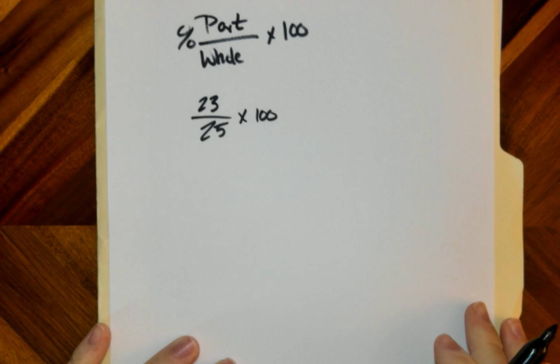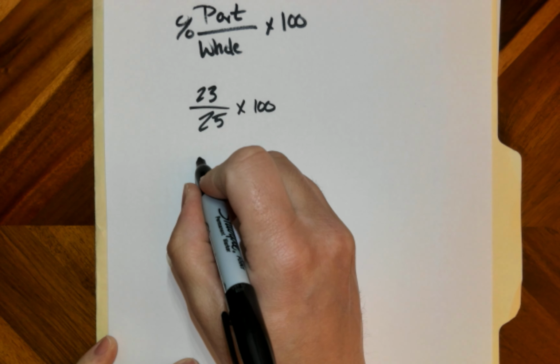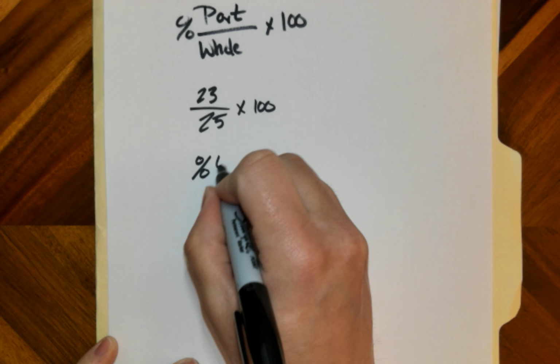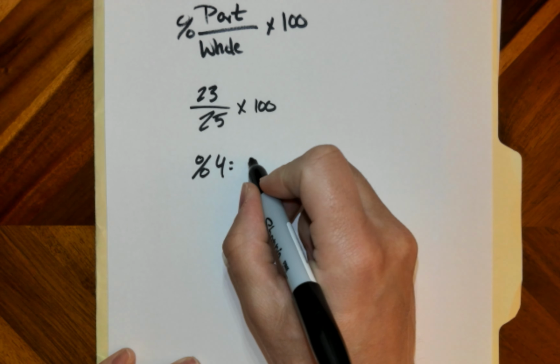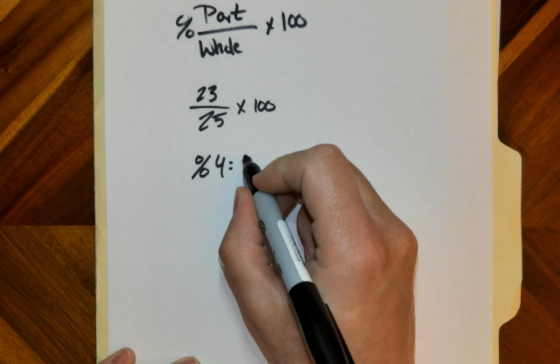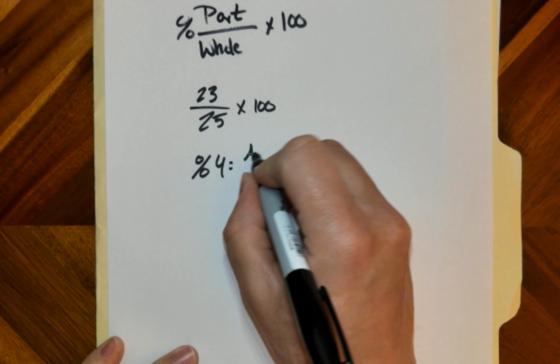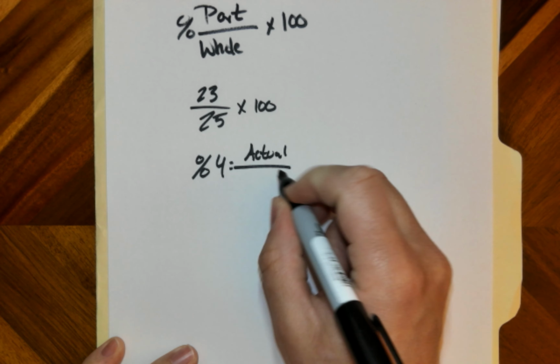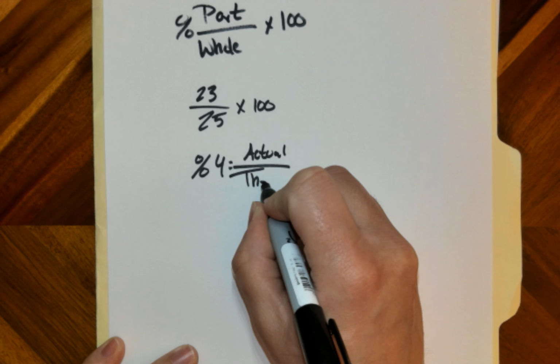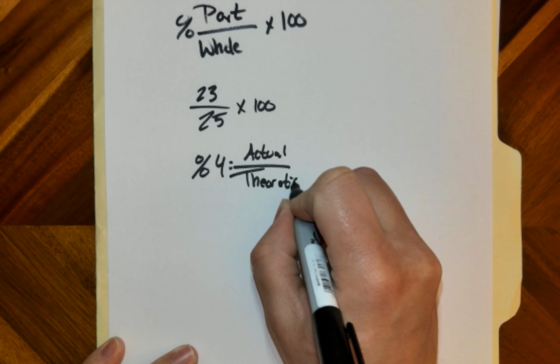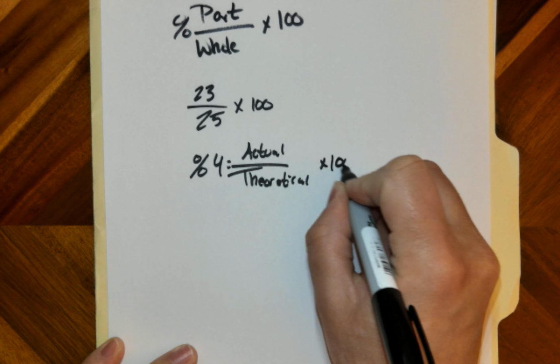Percent yield is going to be very, very similar. Percent yield is going to be your actual yield, or your experimental yield, over the theoretical yield times 100. Okay.